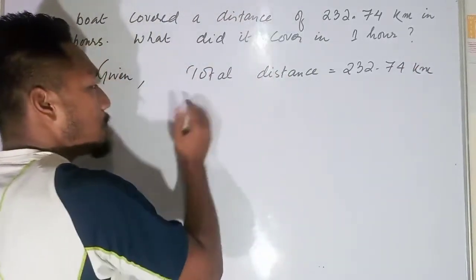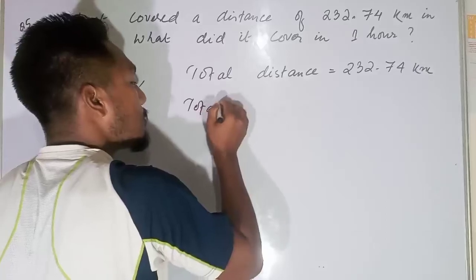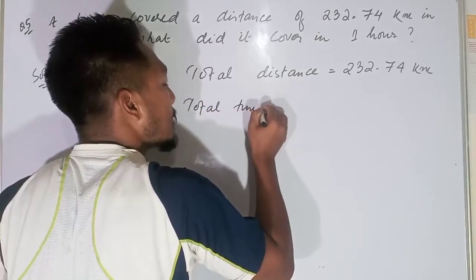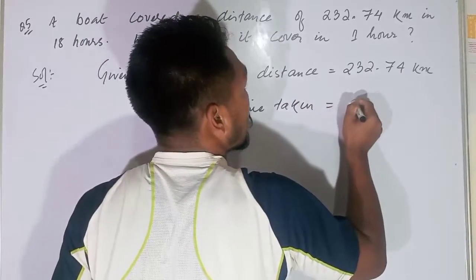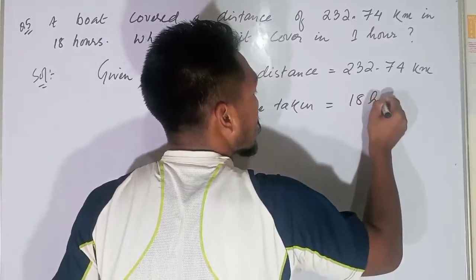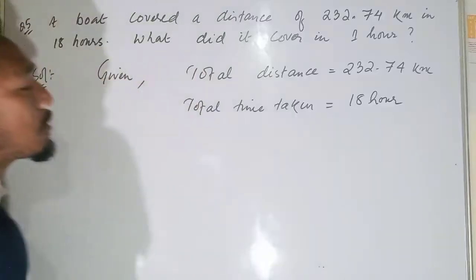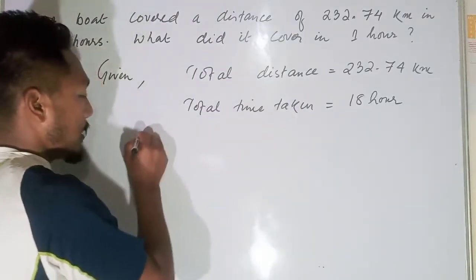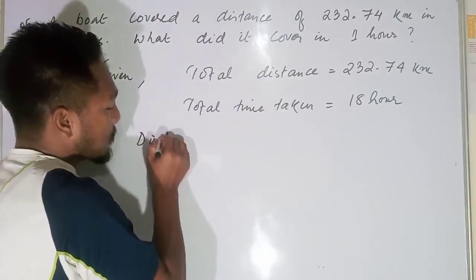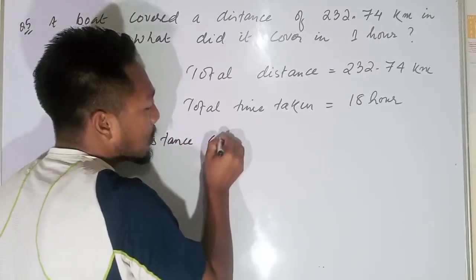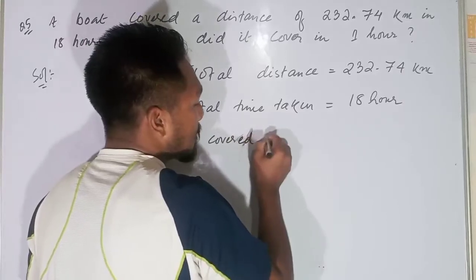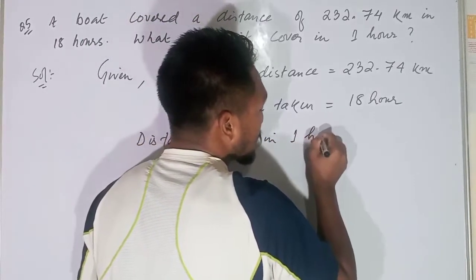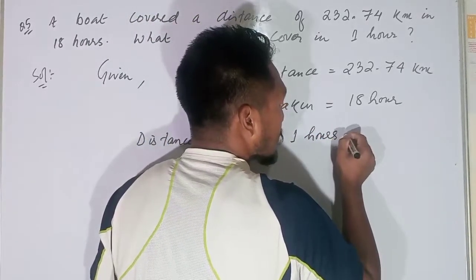Okay, now total time taken is how much? 18 hours. Now you are asked to find the distance covered in 1 hour. Distance covered in 1 hour is equal to how much?